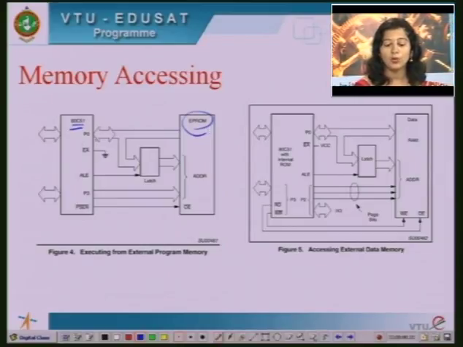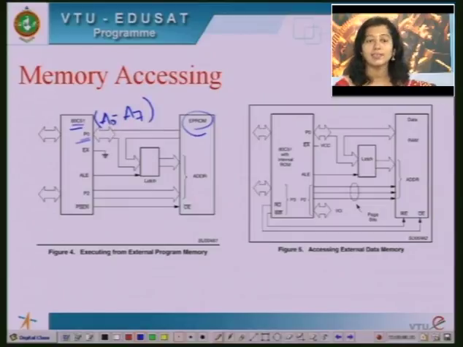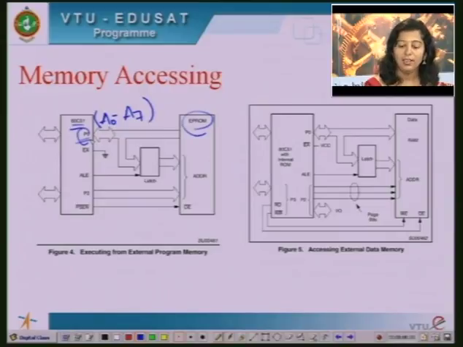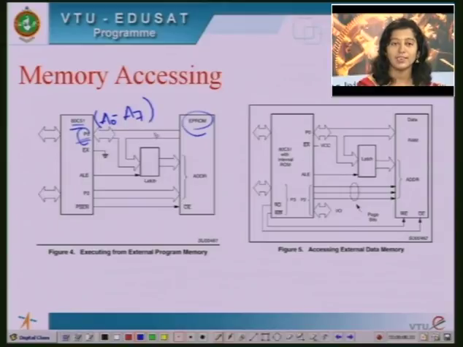This port 0 in 8051 will initially carry the lower byte of address. So the lower 8 bits of address, say A0 to A7. Remember, address is 16 bits long and the lower byte of address will be carried on port 0 of the microcontroller initially, and later on the same 8 bits, this bus as we are talking, a bus is a collection of data wires to carry data, it is just a collection of wires.